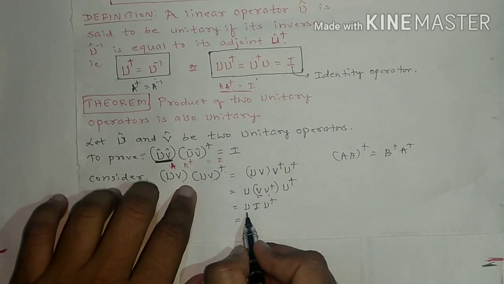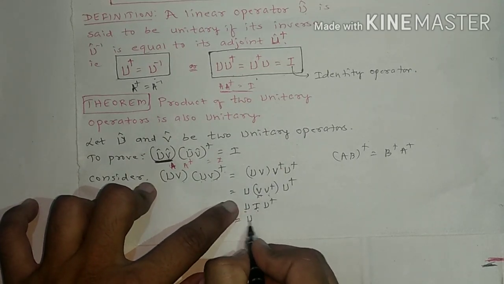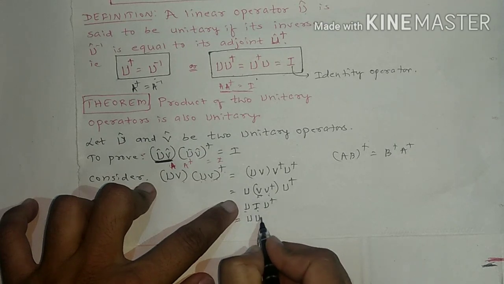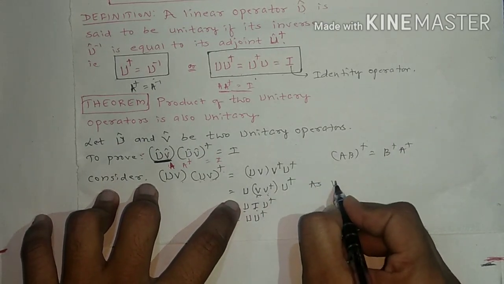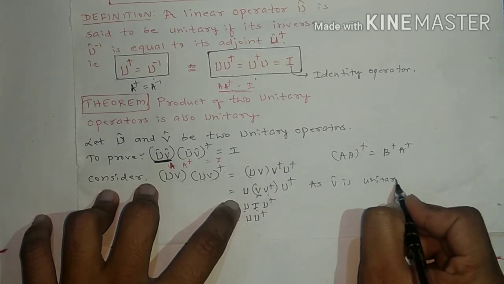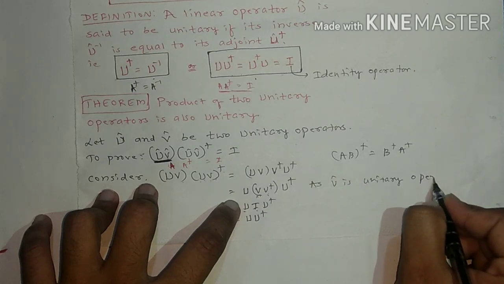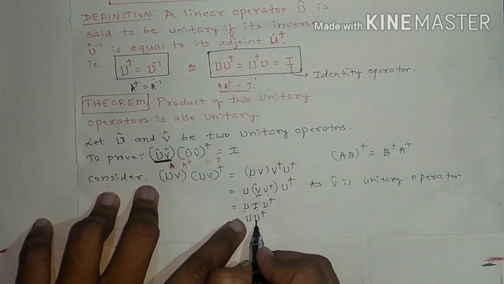Now what is U into I? An operator into the identity operator is again the same operator, so we get U into U dagger. What is U into U dagger?